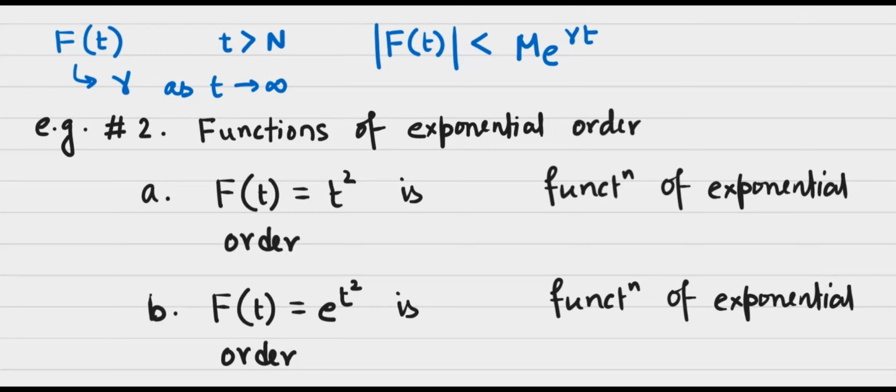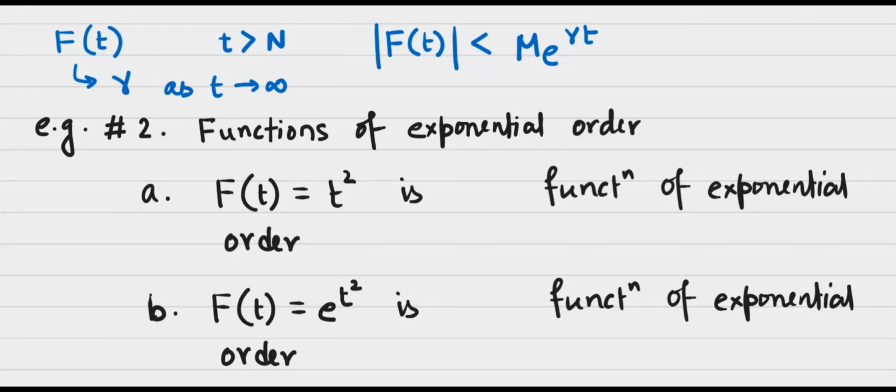So as t gets bigger and bigger than N, then f of t is less than this exponential growth e to the power gamma t times a number capital M. So here I do have 2 examples. One is f of t equal to t squared, and the second one is f of t equals e to the power t squared. So one is t squared and the other one is e to the power t squared.